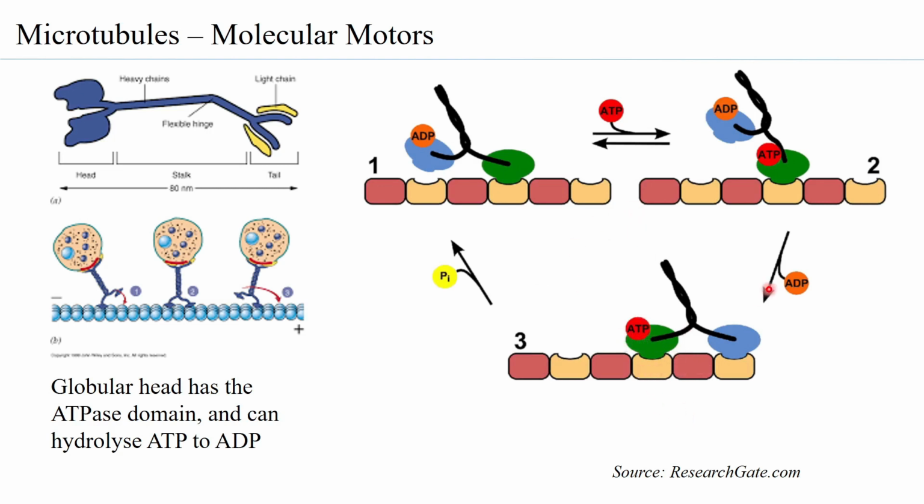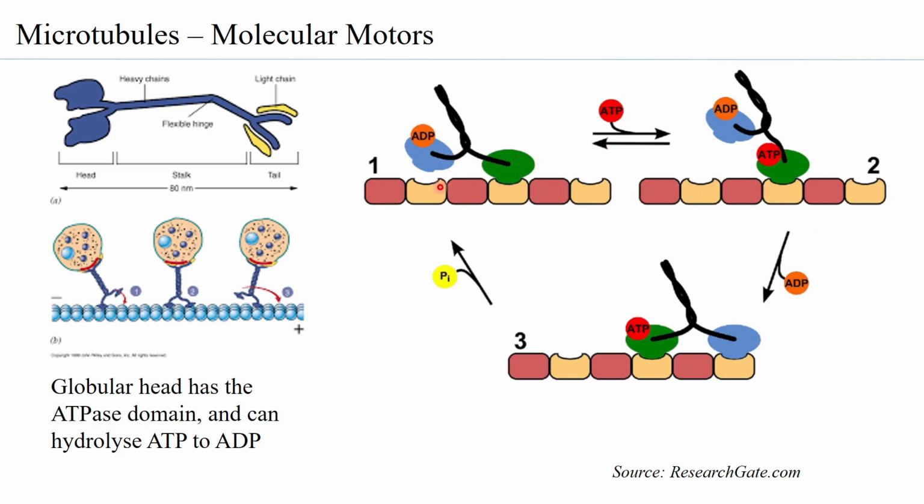So please understand that when the motor domain is bound to ATP, it can bind to the microtubule, but when the ATP is hydrolyzed to ADP, then it will remove itself. That is how one motor domain when bound to ATP will bind to the microtubule, and the other one, which is expended, is going to leave the microtubule and come to bind over here. So that is one step after the other, and you have the motion happening.